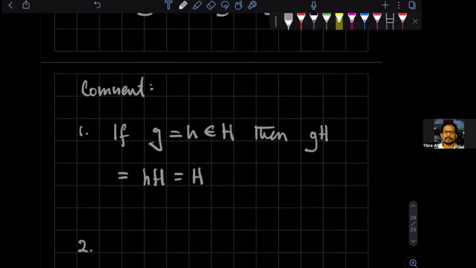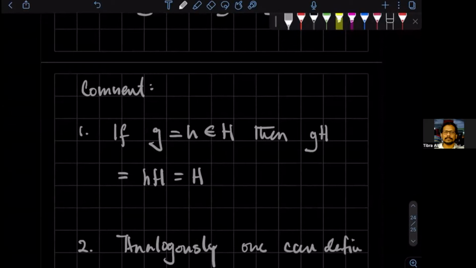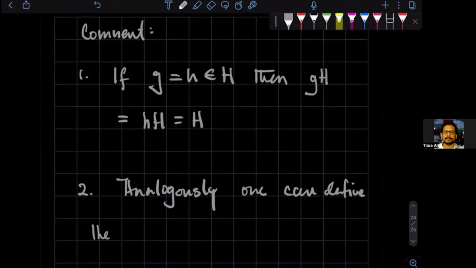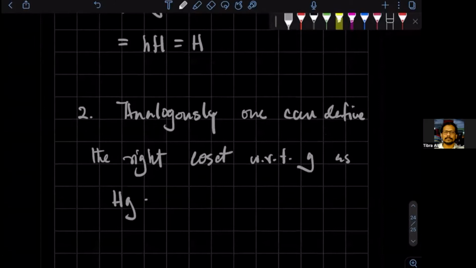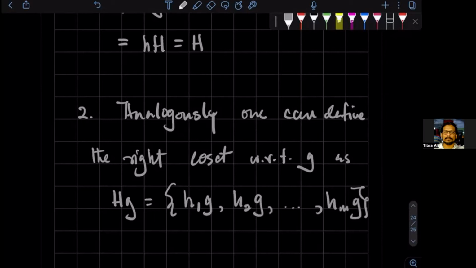Number two is that, analogously, one can define the right coset as Hg, that is, H1g, H2g, up to Hmg.